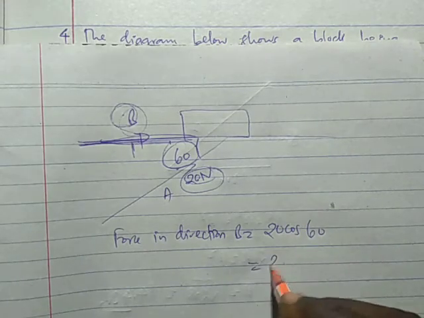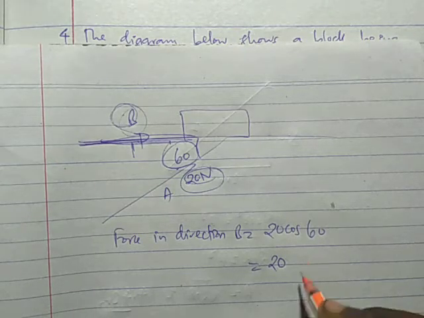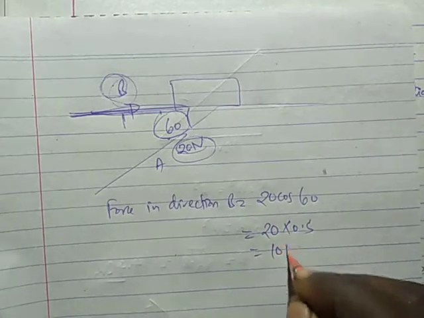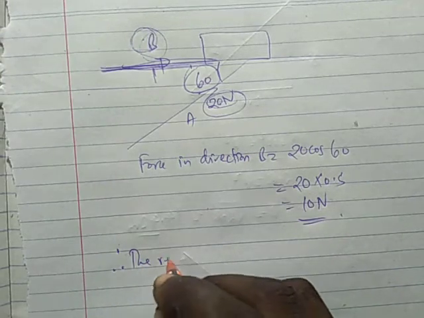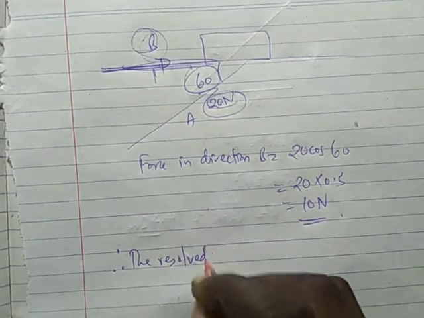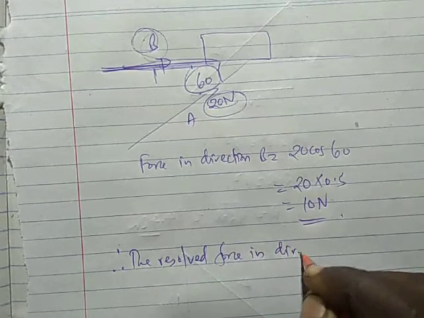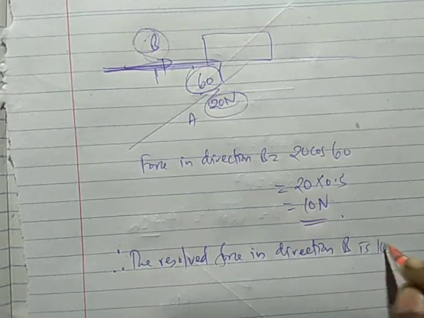Kwa hiyo 20, then cosine of 60, which is 0.5. So finally we get the answer, which is 10 Newton. Therefore, the resolved force in direction B is 10 Newton.